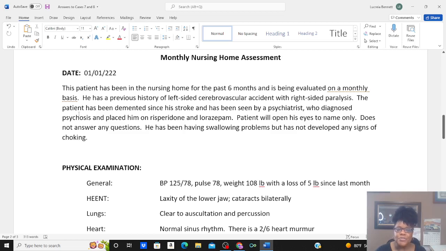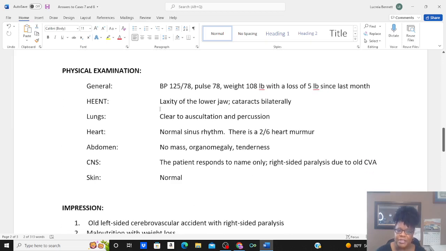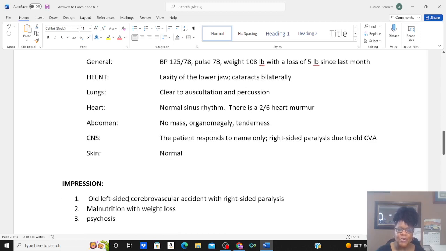Seen by a psychiatrist, diagnosed with psychosis, put on medication, only opens his eyes when his name is called. Went into a general physical exam, and the impression: old left-sided cerebrovascular accident with right-sided paralysis, malnutrition with weight loss, and psychosis.